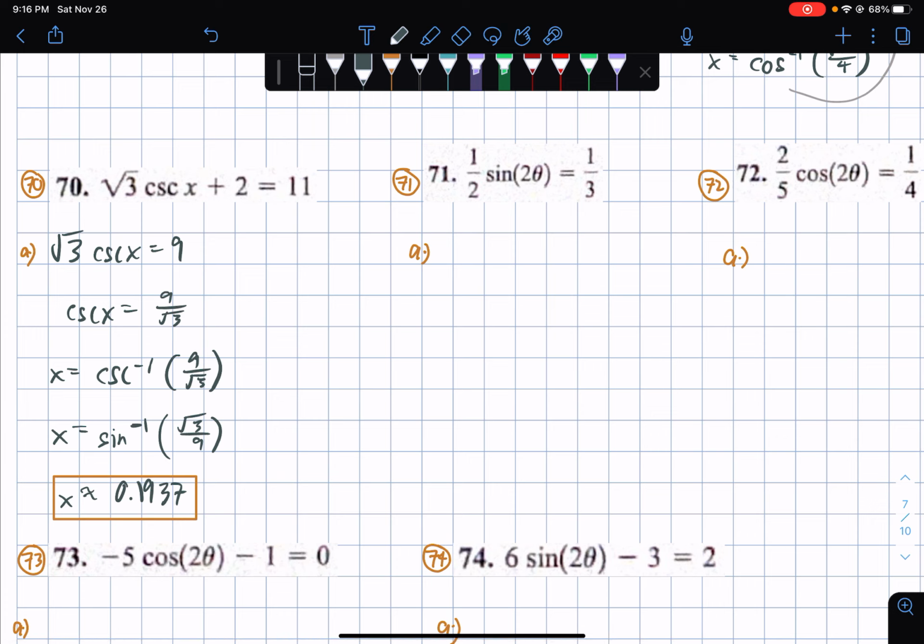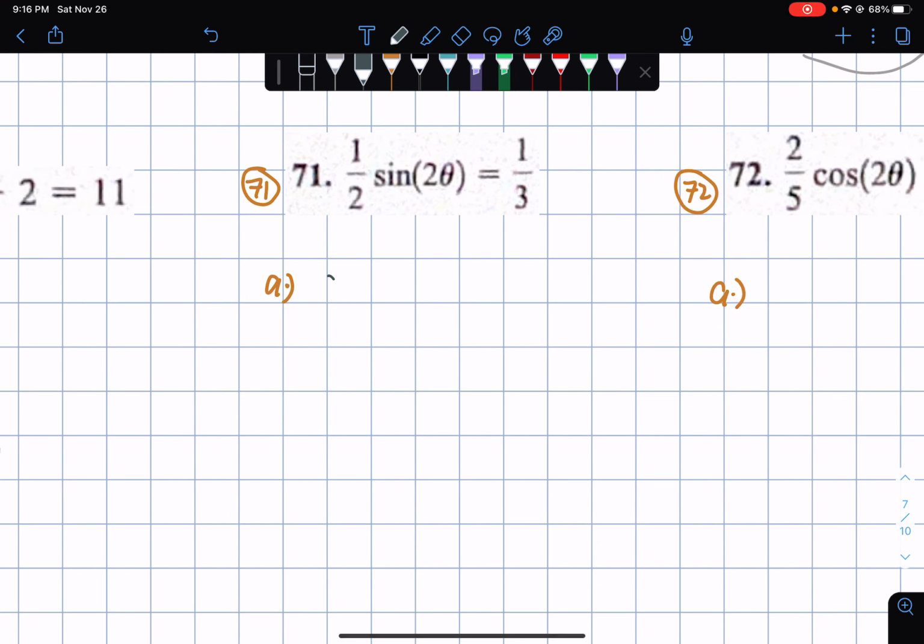Number 71. 1 over 2 sine 2 theta is equal to 1 over 3. Sine 2 theta is equal to 2 over 3. Hang on. Okay, this is pretty unusual. We have sine 2 theta.